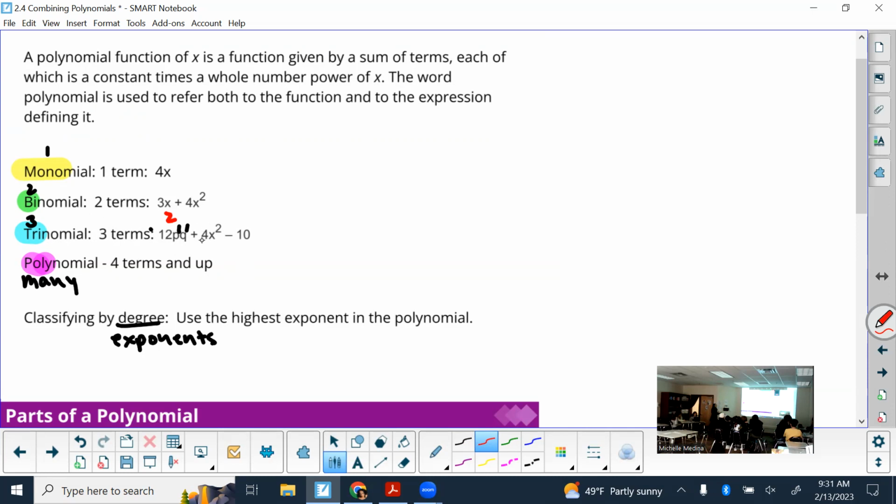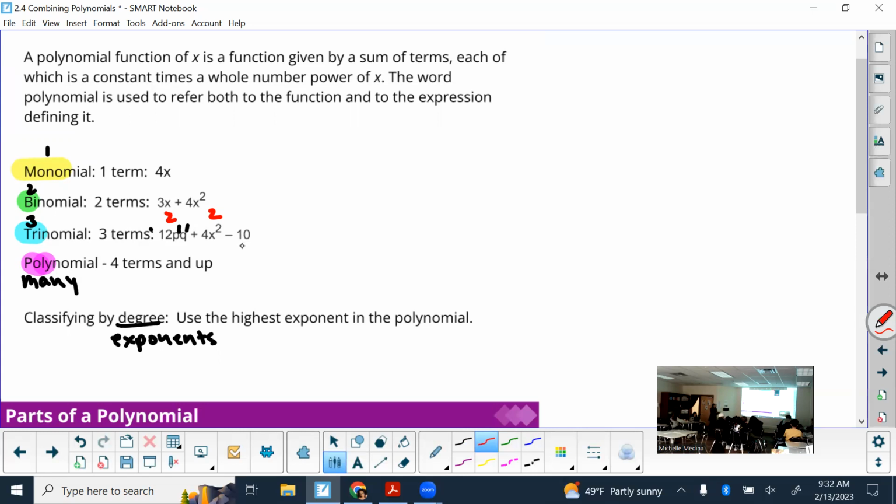What's the degree on this middle term? Does it have multiple variables? It doesn't, it just has the 1x, and it's to the second power. So you add up all the exponents, and that degree right there is 2. The 10 doesn't have a variable, does it?